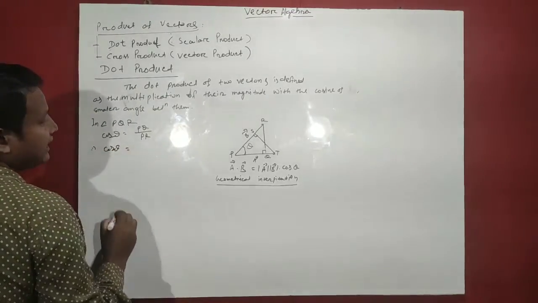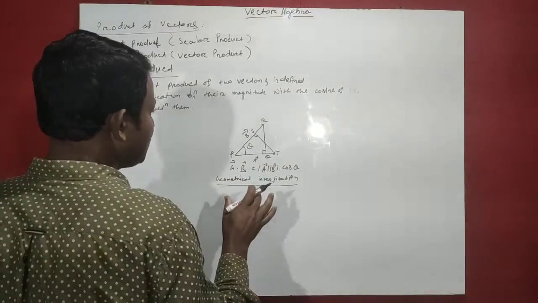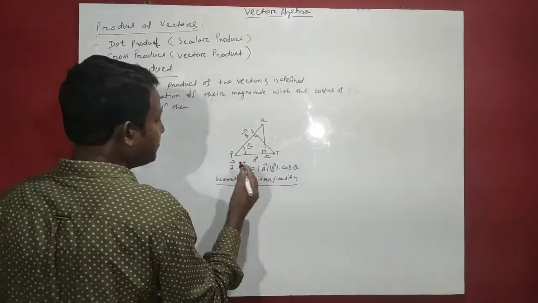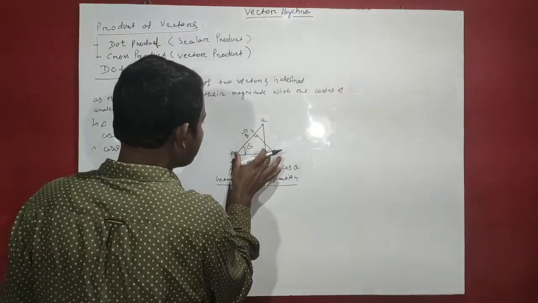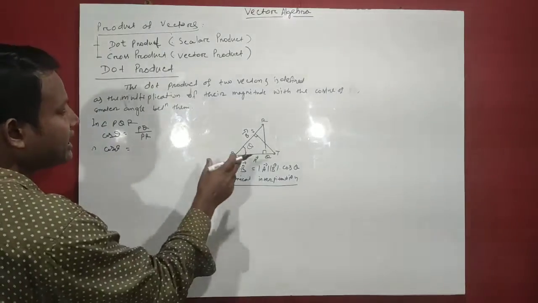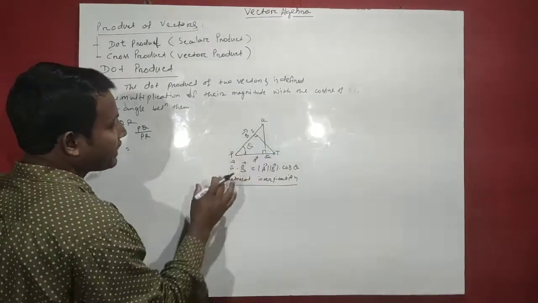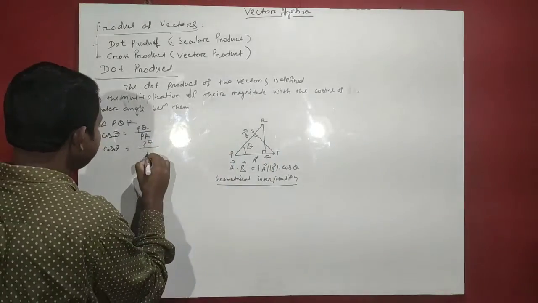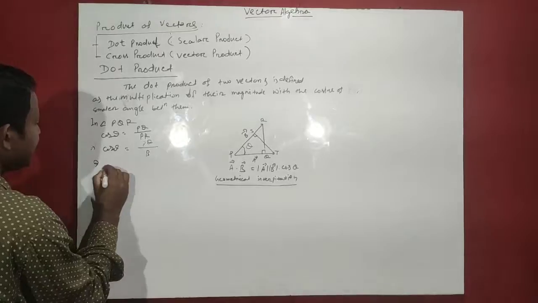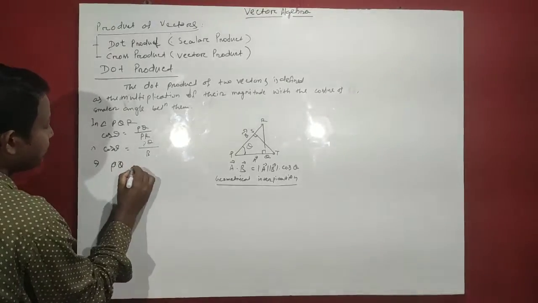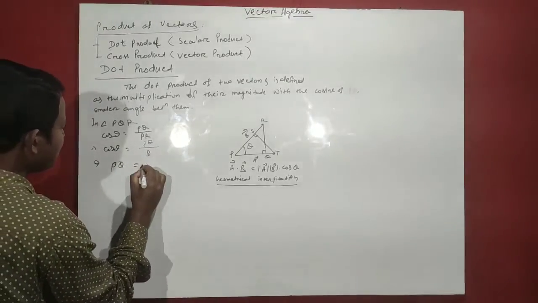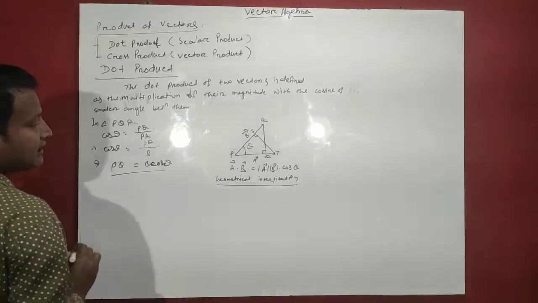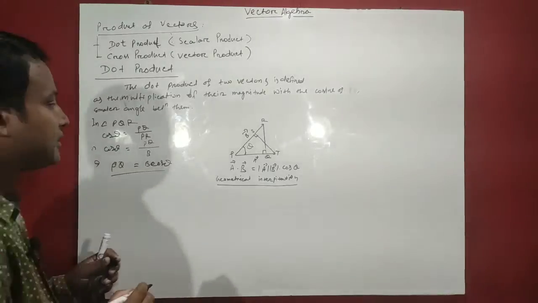PR is B. Then PQ is equal to B cos theta.